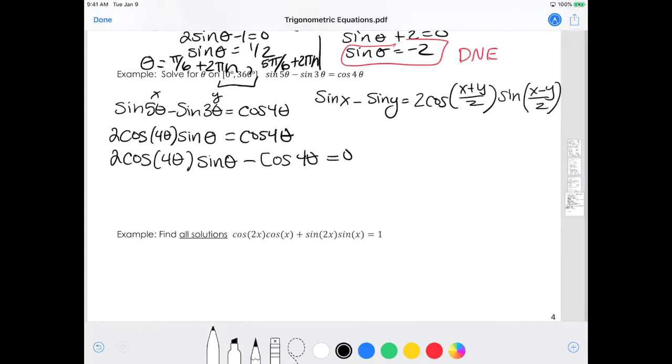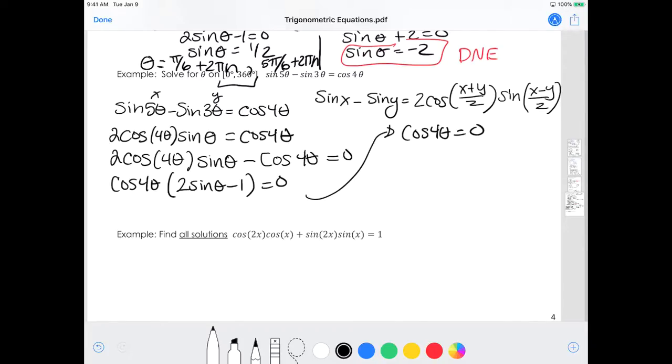So now I'm going to subtract everything to one side and factor. In both terms, I have cosine of 4 theta. So I can factor out the cosine of 4 theta, and I'm left with 2 sine theta minus 1 is equal to 0. So now I'm going to set up my 2 mini equations. I have that cosine 4 theta is equal to 0, and I have 2 sine theta minus 1 is equal to 0. Well, this second mini equation tells me that sine theta would have to be 1/2.